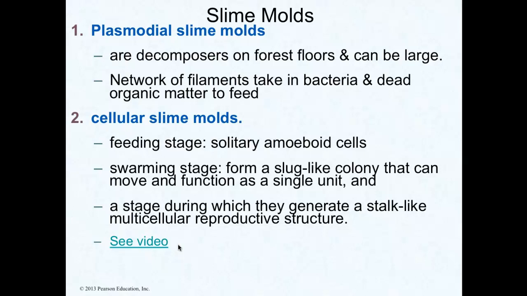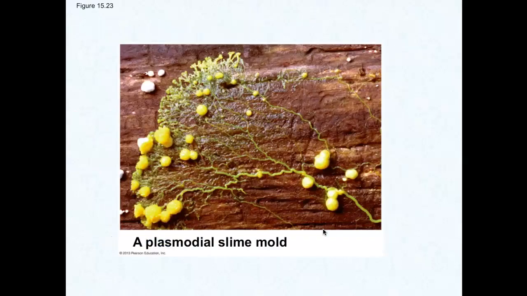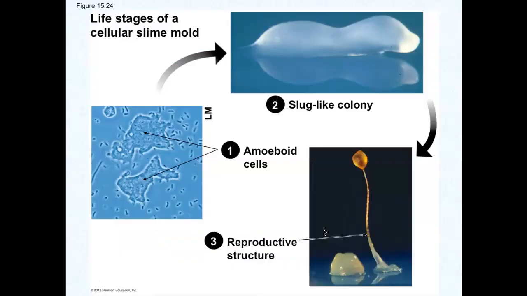It's kind of like they blur the line between unicellular and multicellular organisms. If you watch this video, you're going to see the swarming stage. You're going to see the stage where they actually generate a stalk to create a reproductive structure. So I highly recommend that. But slime molds are your fungal-like protist here.